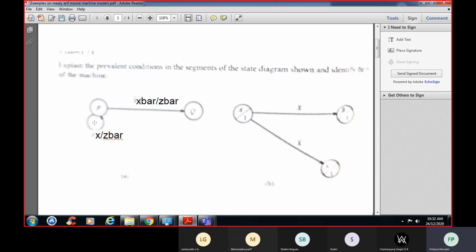Here it depends both on the input as well as on the state. So it is called a Mealy machine. If the output is within the state diagram, it is a Moore machine. If you are getting the output outside the state, it is a Mealy machine.